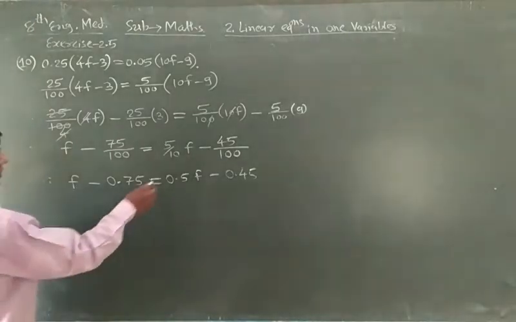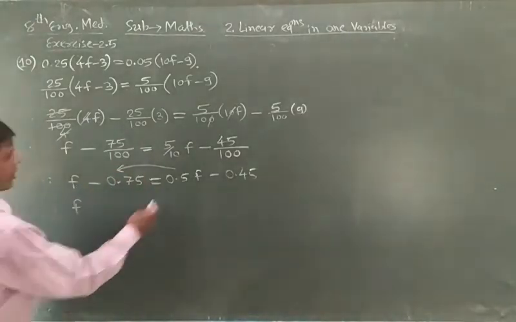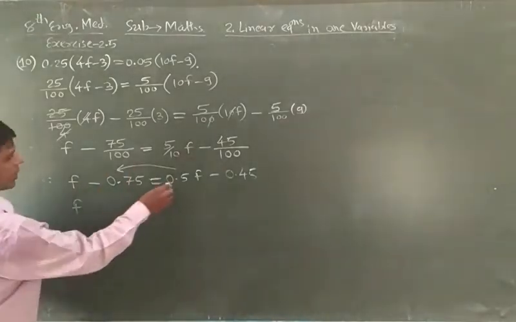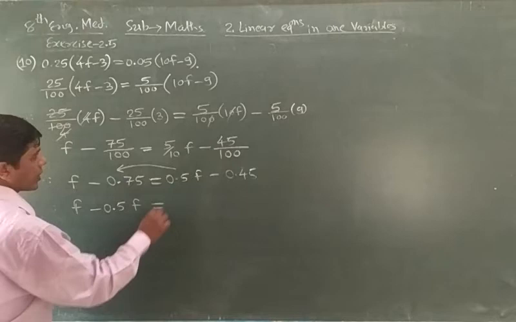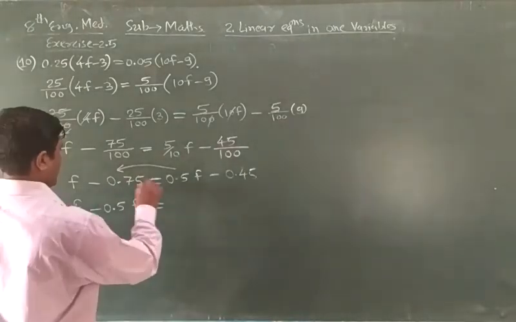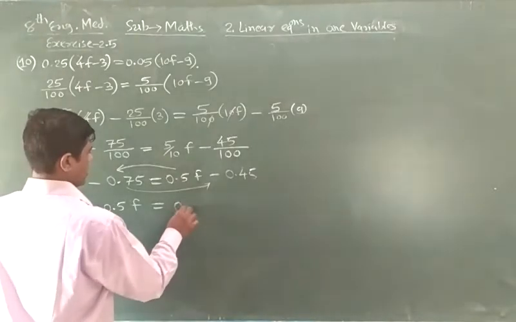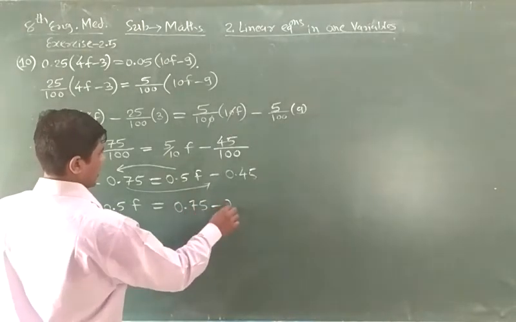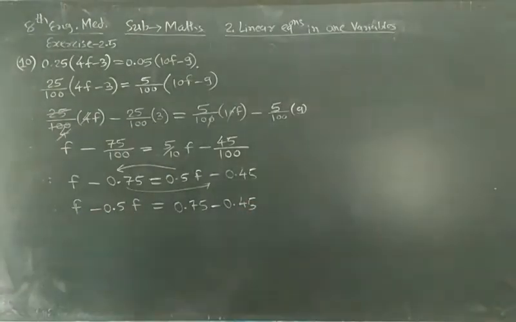Now f comes here, f minus going this side, plus going this side, so minus 0.5f. Okay, now here minus going this side, plus 0.75 minus 0.45. This cut here, how to cut?